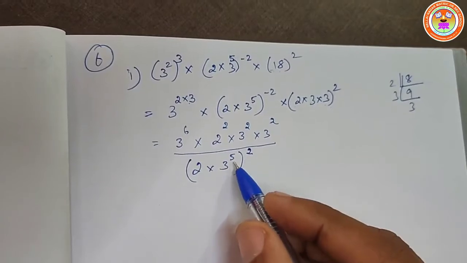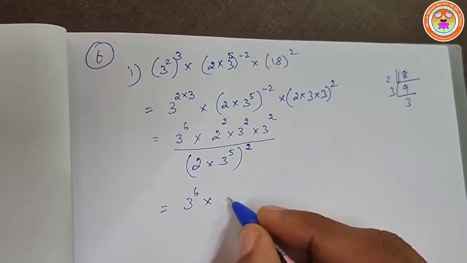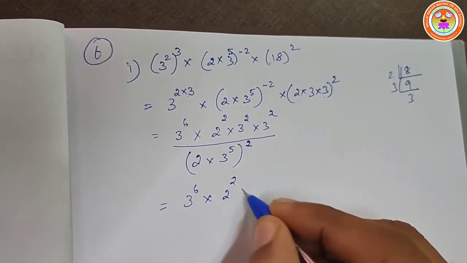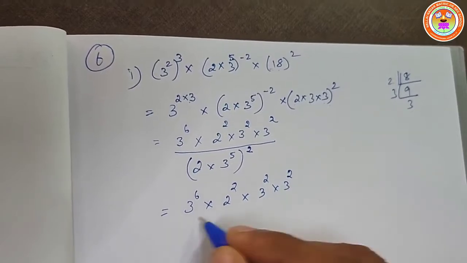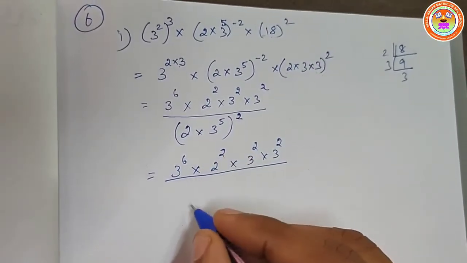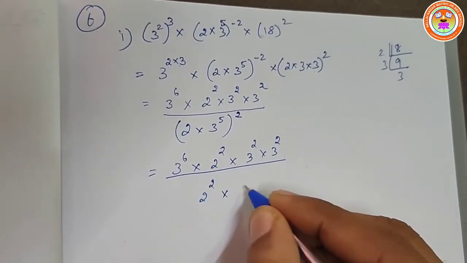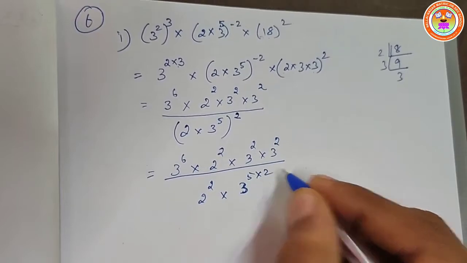And similarly can you do it here also. 3 power 6 into 2 power 2 into 3 power 2 into 3 power 2 divided by, if you multiply this inside, you will get 2 power 2 into 3 power 5 into 2.